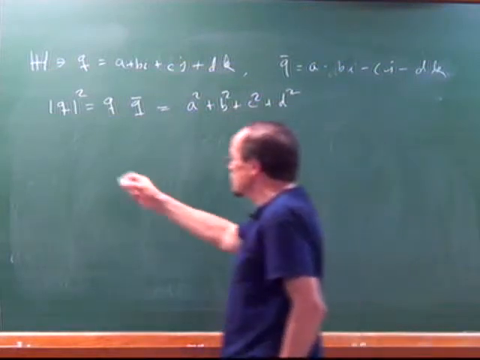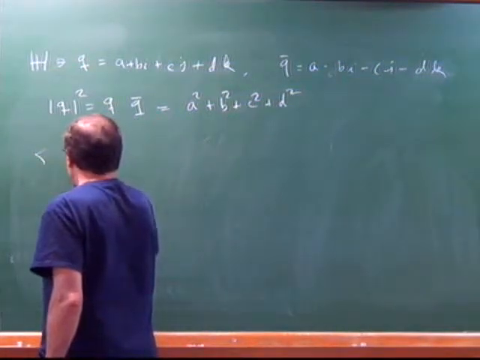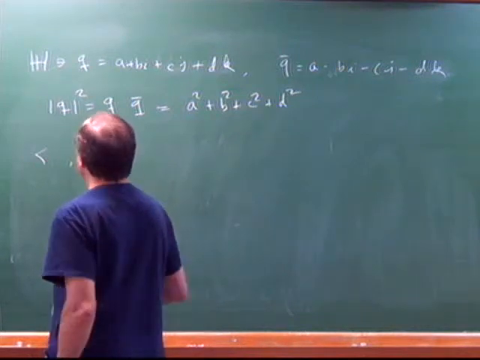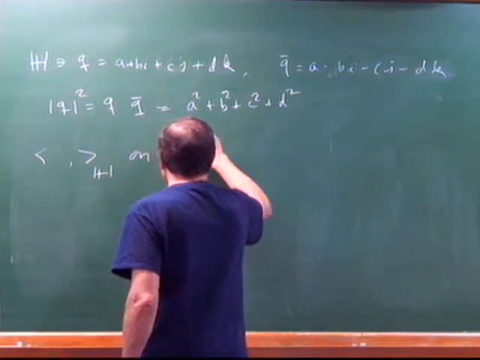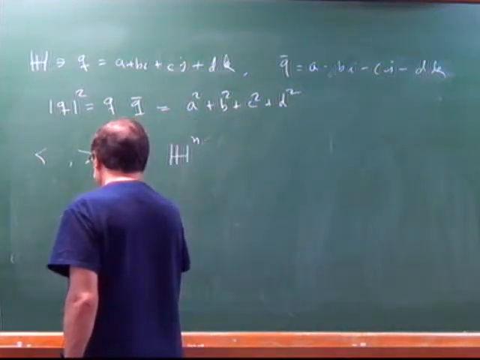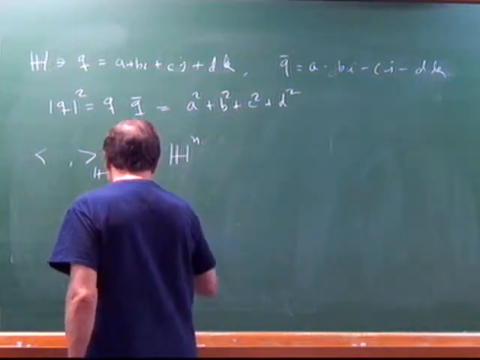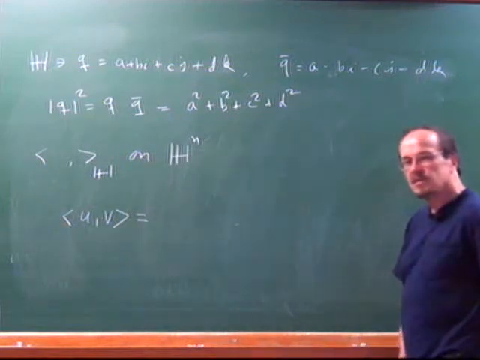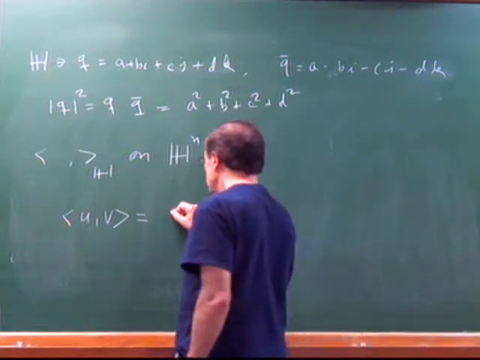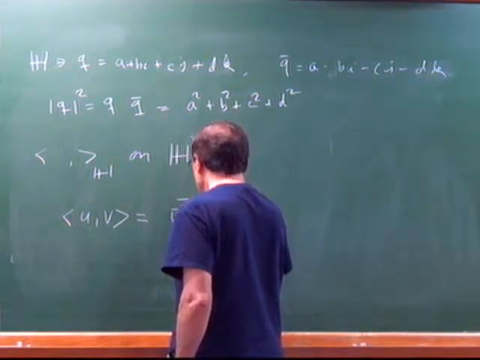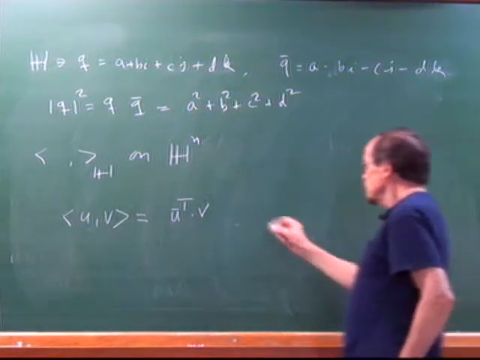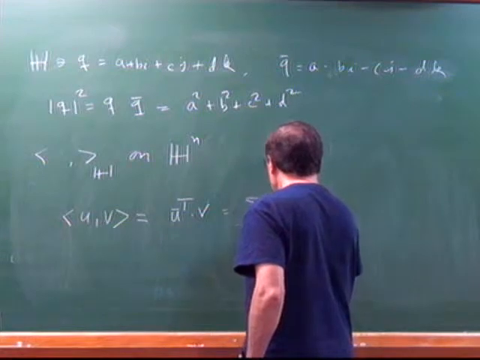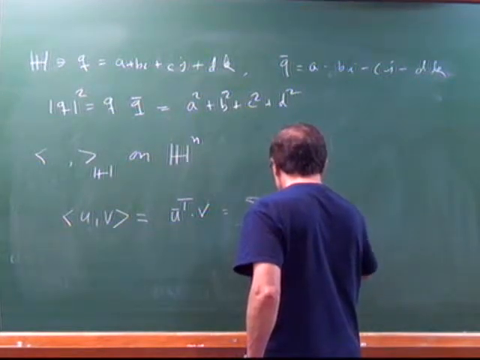I can also define a quaternionic inner product, maybe like this, on H^n, by saying that the inner product between u and v, analogous again to the complex case, is u bar transpose dot v. In other words, summation u_i bar v_i.